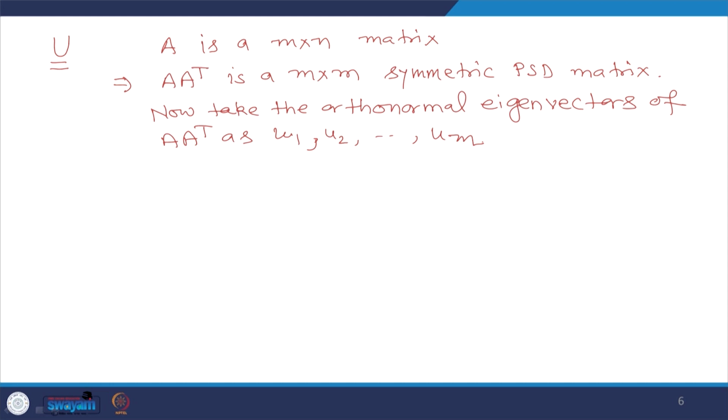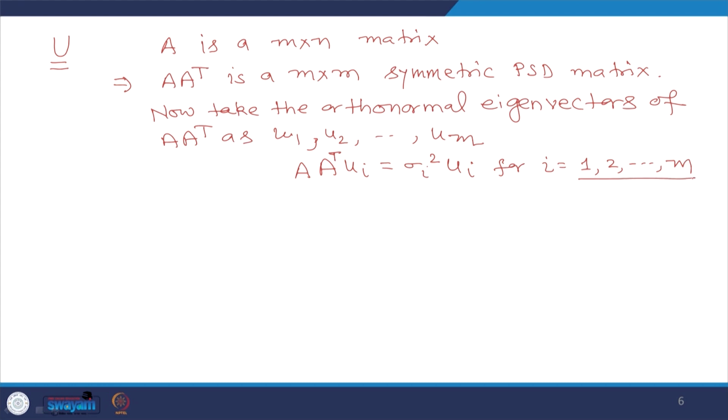Um. So, U1, U2, Um are the orthonormal eigenvectors of A into A transpose, so we have A into A transpose ui equals to sigma i square ui for i equals 1 to m.